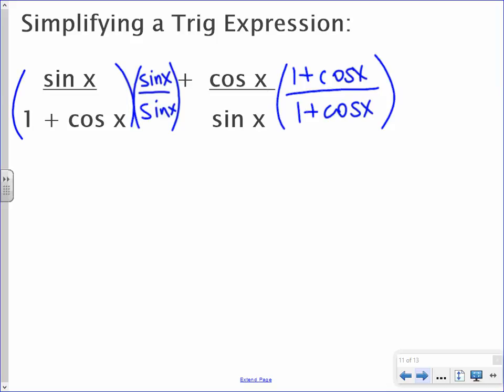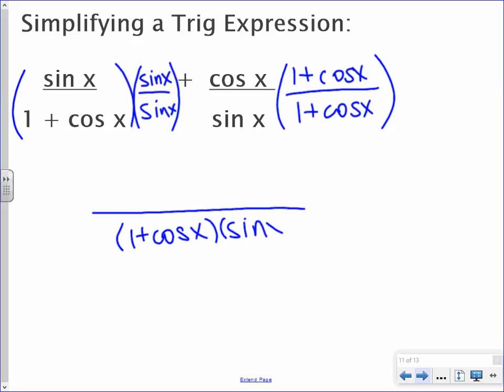So then when we add these two fractions together, we have 1 plus cosine of x times sine of x as our common denominator, right? Here we have sine squared plus, here we have cosine of x plus cosine squared x.